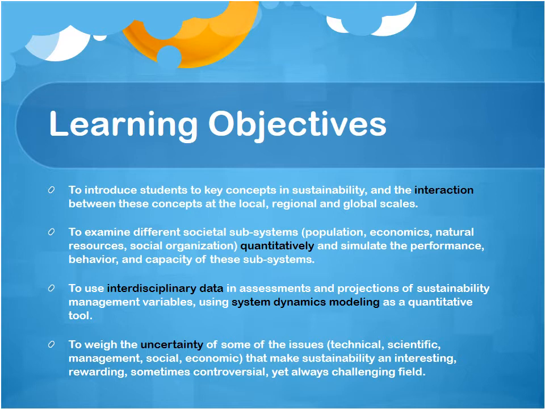It's one thing to know that you don't know something, but if you do know that it's within some uncertainty range, then you have a much better idea of how to handle it. And we're going to be looking at this with a series of examples in a series of topics. Okay, so those are the learning objectives: looking at the interaction, quantitative, interdisciplinary, system dynamics modeling, and uncertainty.